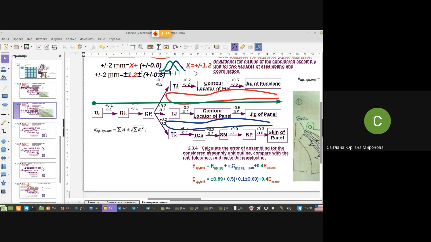Look, the error of the jig is the green line. It means that you are passing along this green line. Error of jig. Error of coordination, blue.